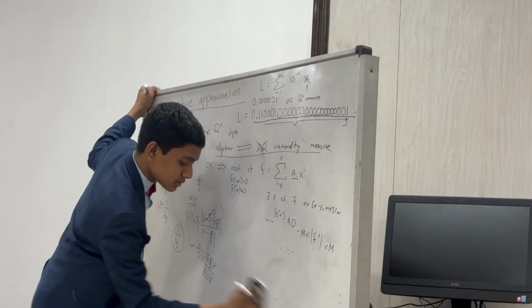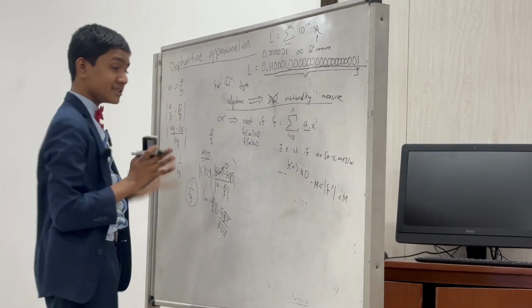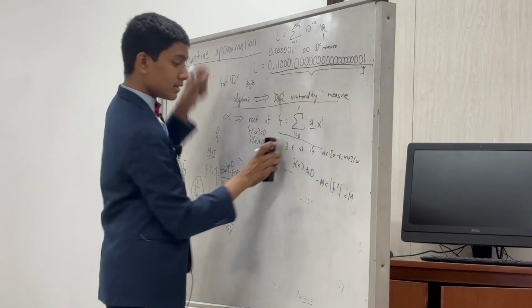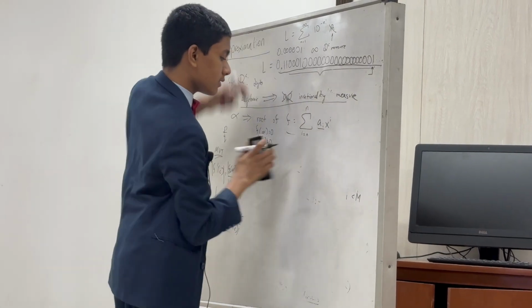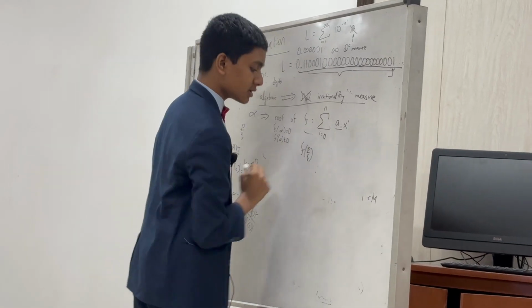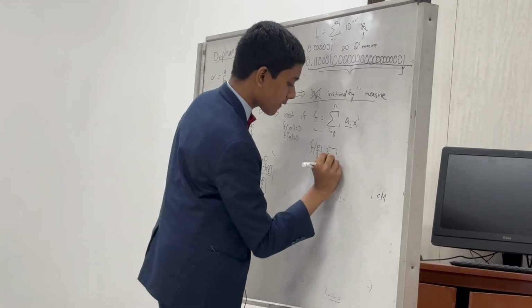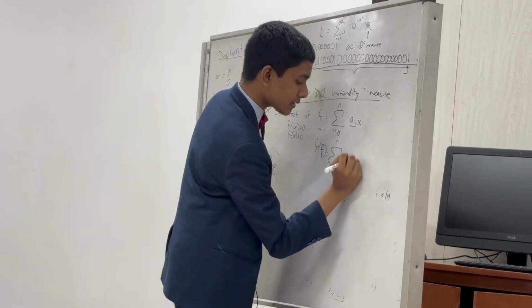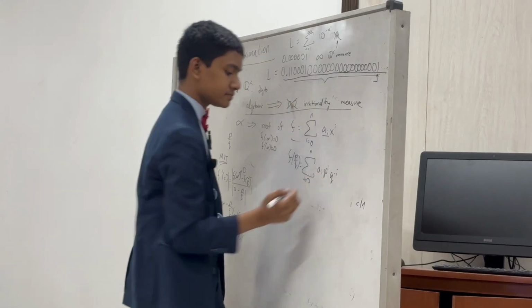And now, here's the ingenious trick. Since we know this about f, that means we can say f of p over q for some rational p over q is going to be the sum of a_i p to the i q to the minus i.